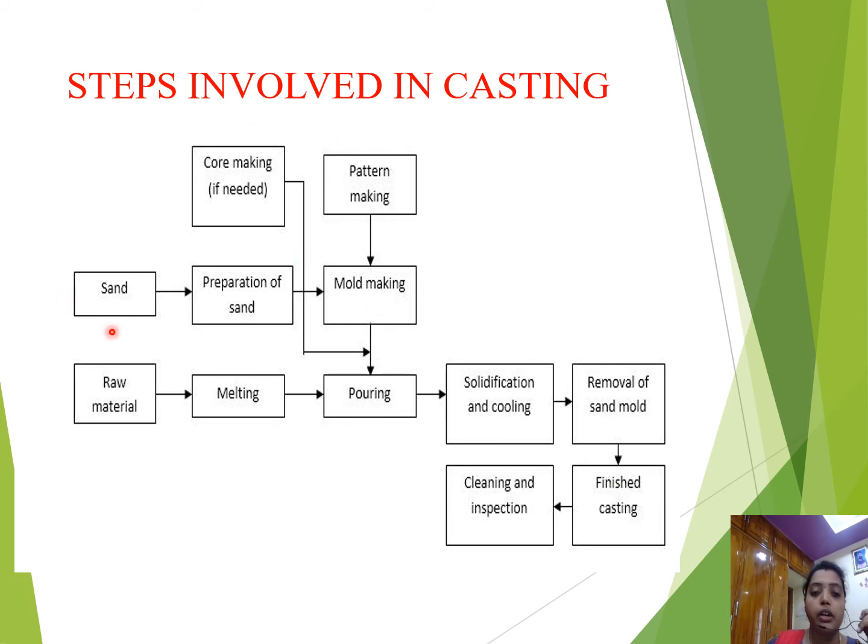Okay, first of all we will take the sand. Sand means here we will not use only one sand for this one. We will use the combination because to gain that bonding strength of the material, means here we are pouring high temperature molten metal into that cavity.